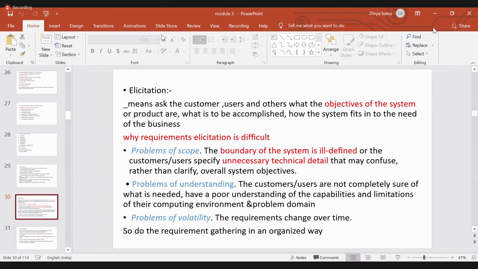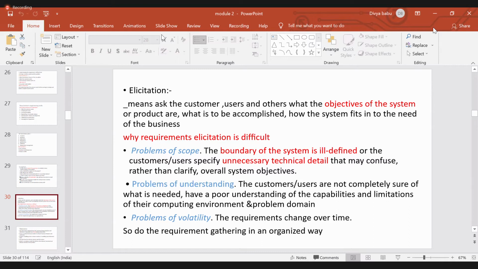At this time, you may face some difficulties: problem of scope, problem of understanding, problem of volatility. I already discussed this in the previous class. Problem of scope means you may have trouble fixing the boundary of the system: how much detail we need to collect and what the boundary of the system is. You may have some confusion about that. That is the scope problem.